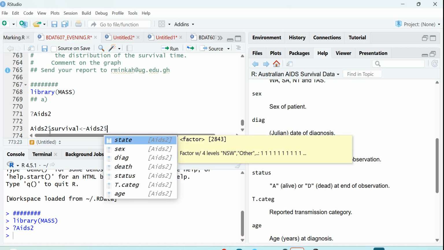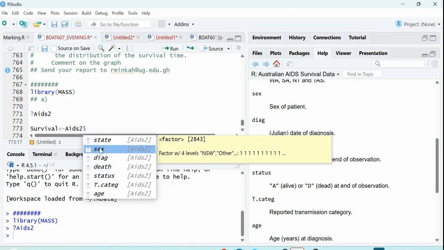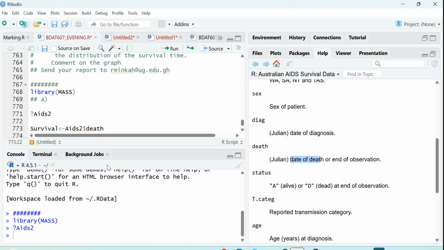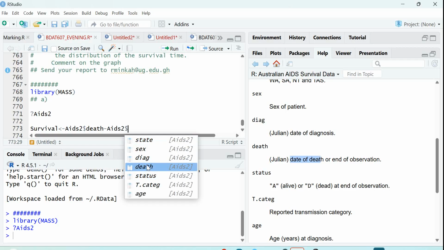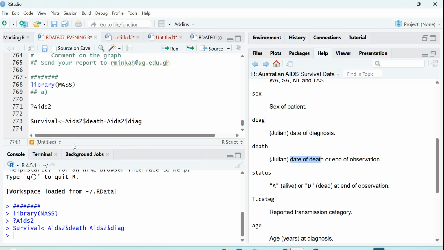Or let me just say survivor. But I can't use survivor like that because it's also a keyword. So I'm going to do def minus what? Is to die. So this will give me the survivor. This survivor is a continuous variable.